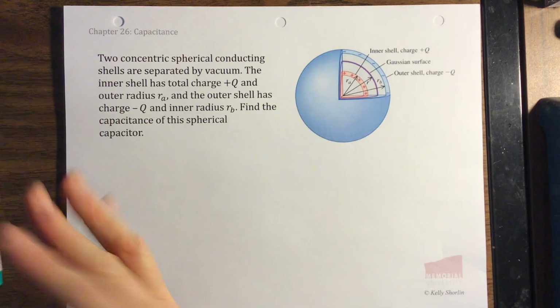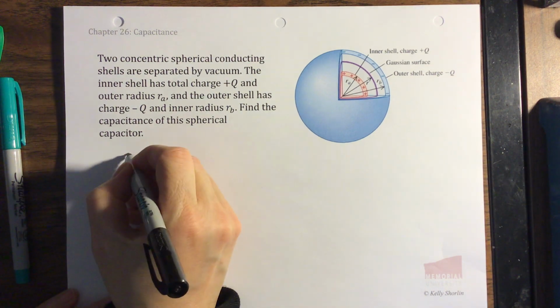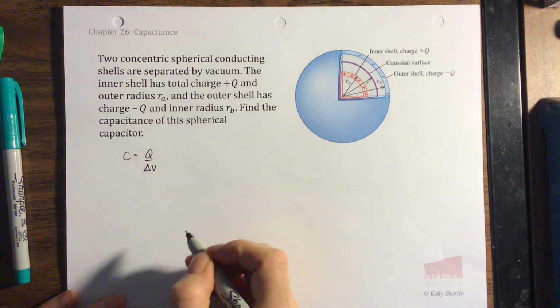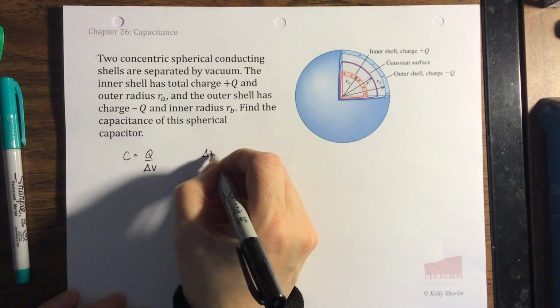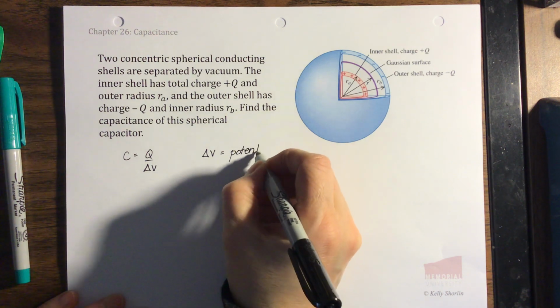Okay, so let's start at the beginning. Capacitance is charge over change in potential. So delta V equals the potential difference between the shells.